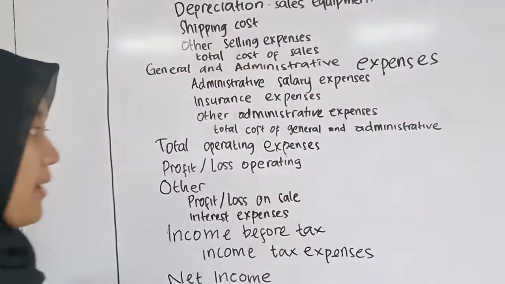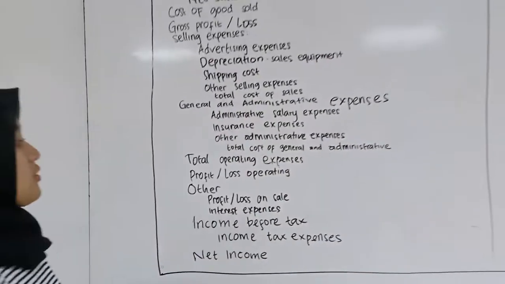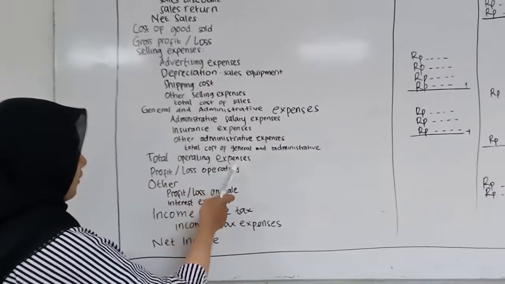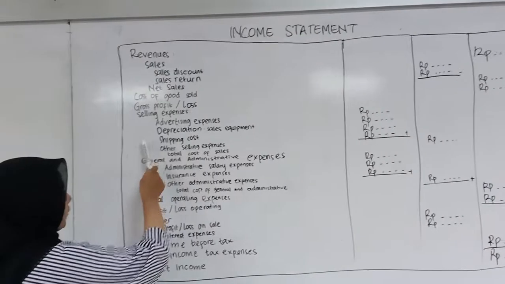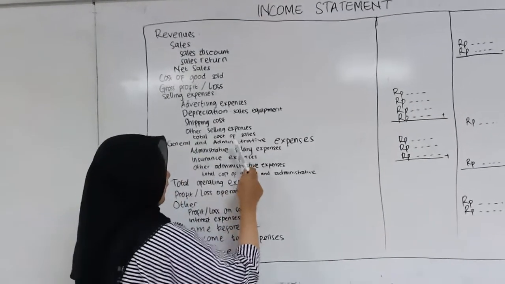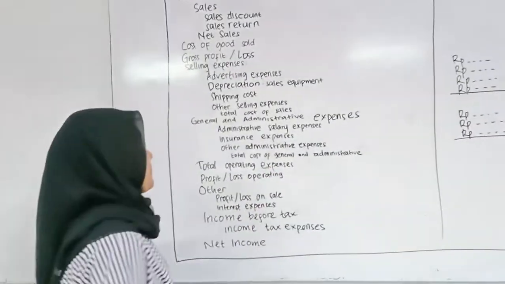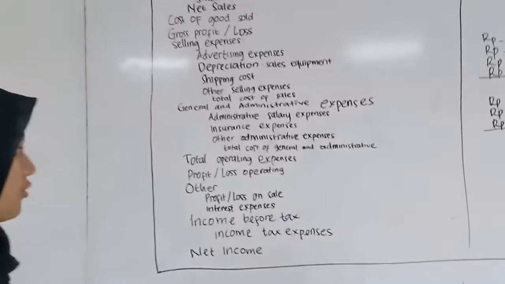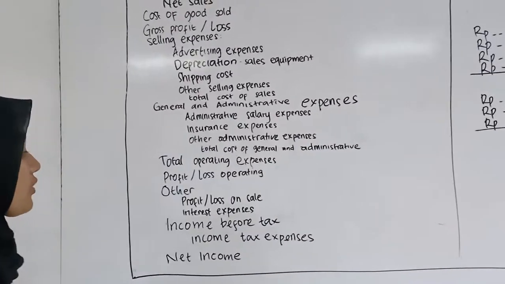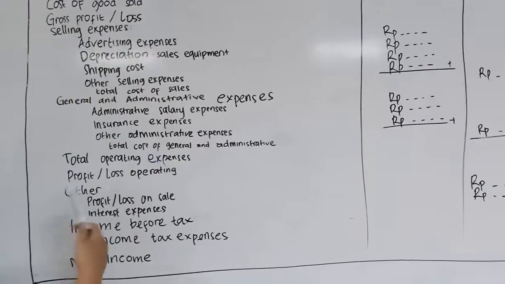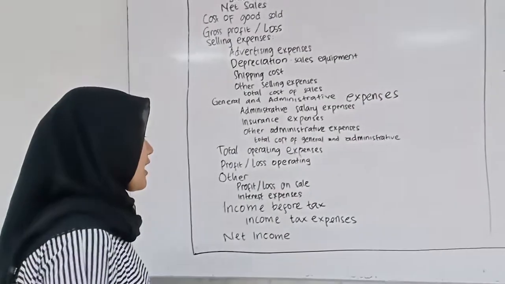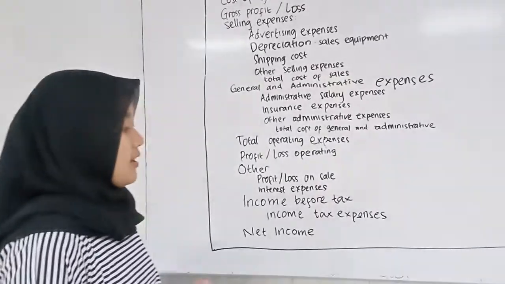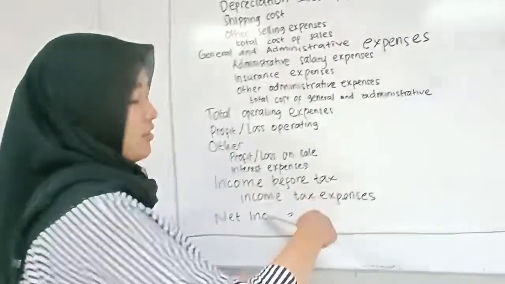administrative expense. And total of operating expense is selling expense with general and administrative expense, and profit or loss operating and other expense is profit or loss on sales, and interest expense, and income before tax include income tax expenses.